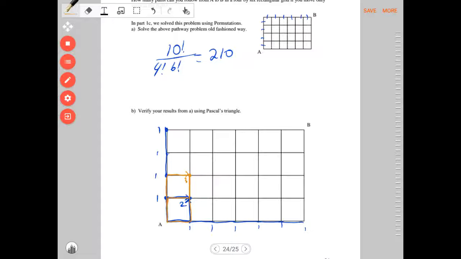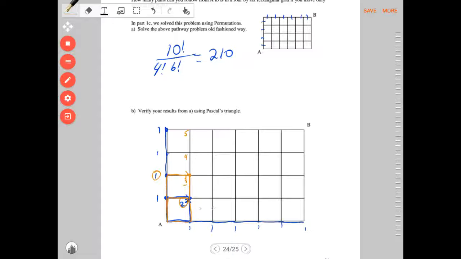So there's 3 ways to get to that corner. That's what Pascal's triangle would be like. So this corner plus this corner, 1 plus 2 equals that corner, the 3. So 3 plus 1 is 4, 4 plus 1 is 5. So I can use Pascal's triangle this way.